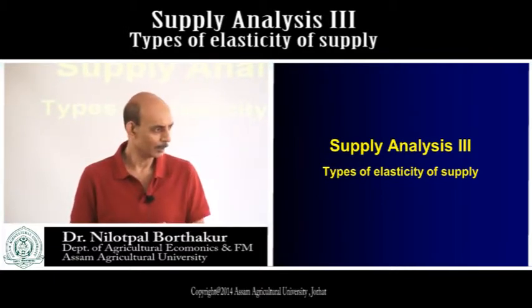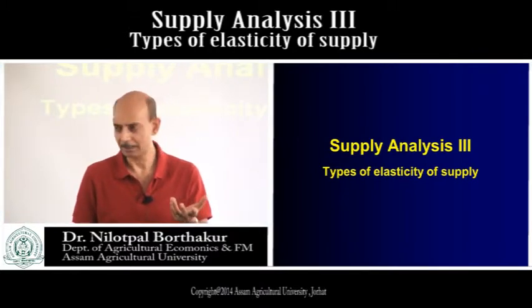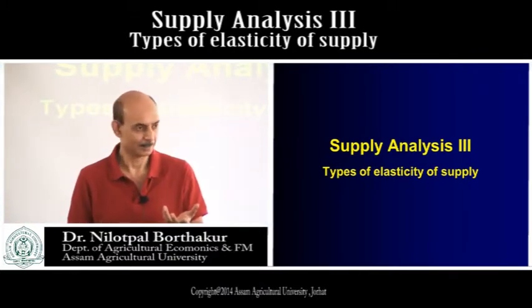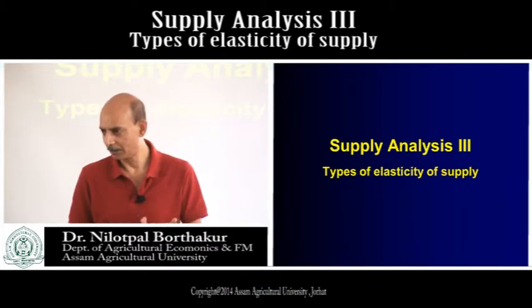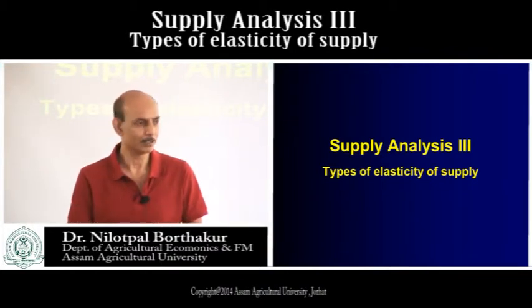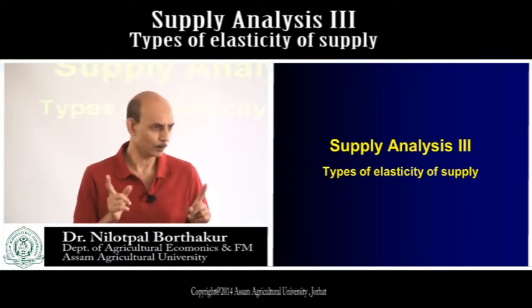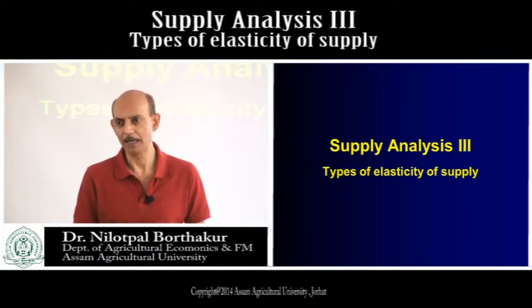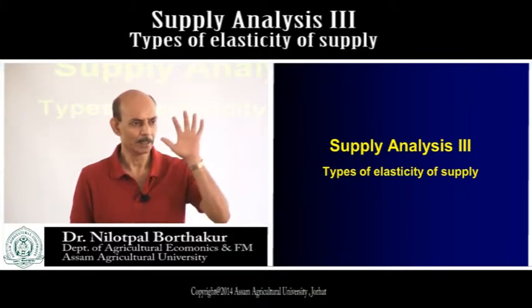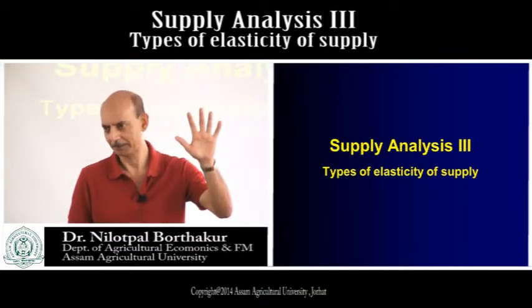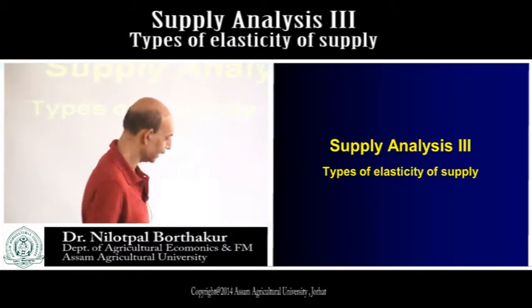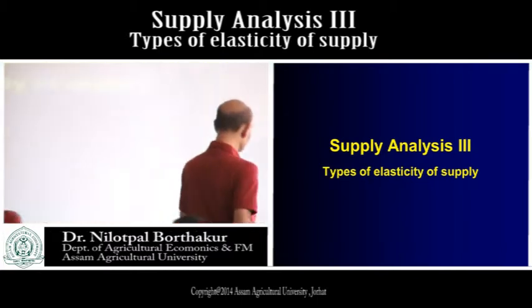If there is an absolute change in the quantity supplied for no change in the price, the denominator will be 0. Anything divided by 0 becomes infinity. Between 0 and infinity, we divide elasticity of supply into 5 different types. We shall discuss these different types today.